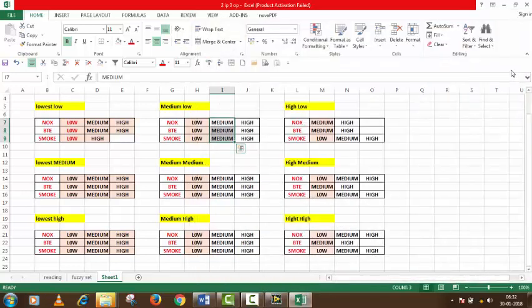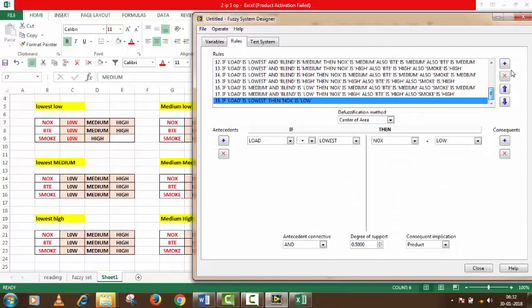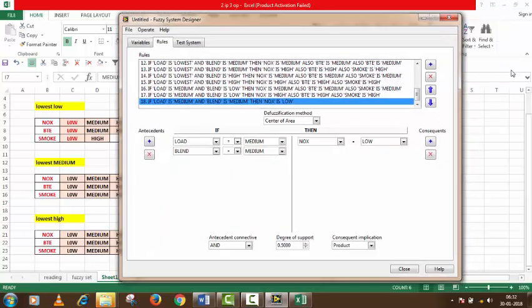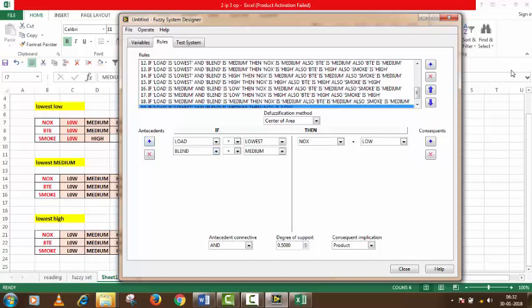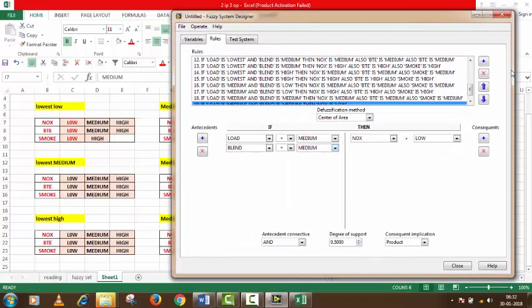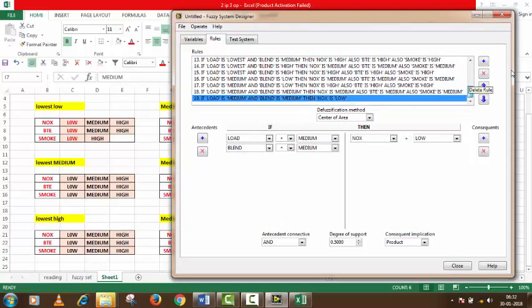These two things are over. Next, load is medium, blend is medium. First is already over. So for all the things medium. Medium, medium. Similarly, the load is medium, blend is medium.